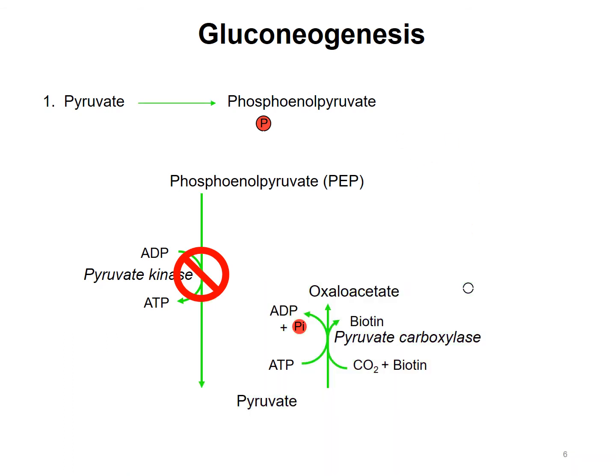Subsequently, the 4-carbon oxaloacetate is decarboxylated by PEP carboxykinase to produce the 3-carbon PEP. And this is another energy requiring step as we need the investment of GDP to provide the energy needed.